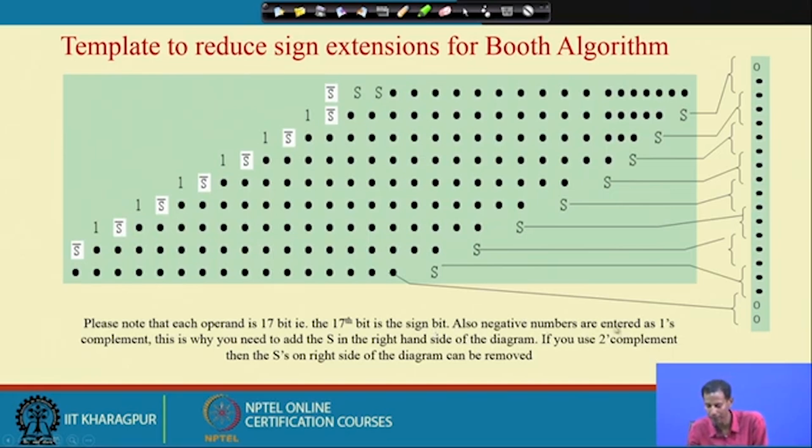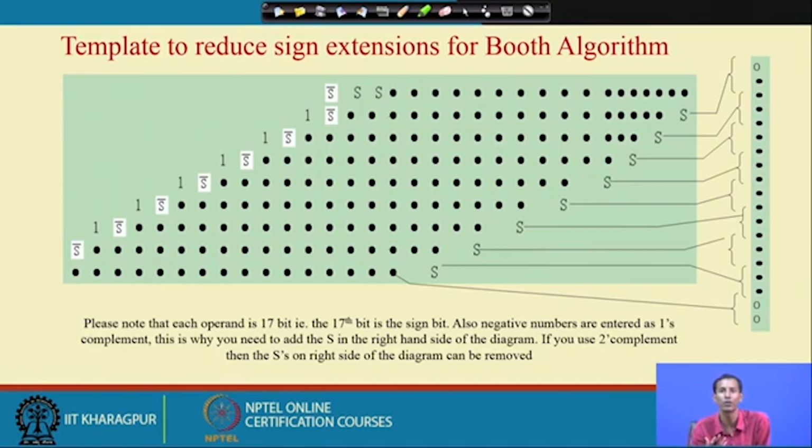Also, negative numbers are entered as 1's complement. This is why you need to add the s on the right hand side of the diagram. If you use 2's complement, then the s on the right hand side of the diagram can be removed. Okay. So, instead of putting this s up to this position, I can write something like this, so that I can remove the extra burden of extending the sign up to this particular position.